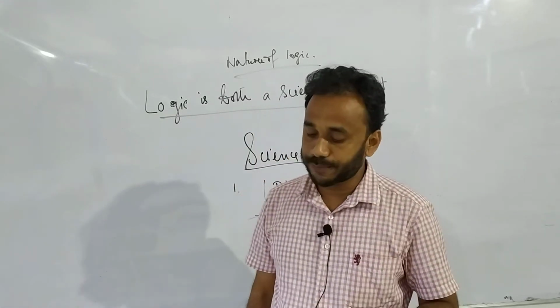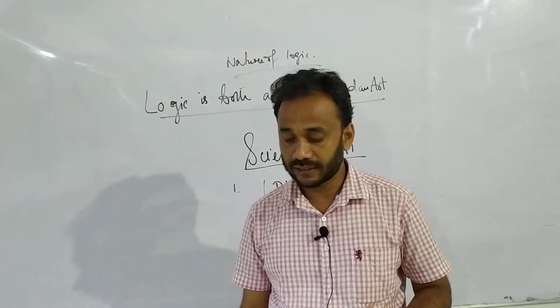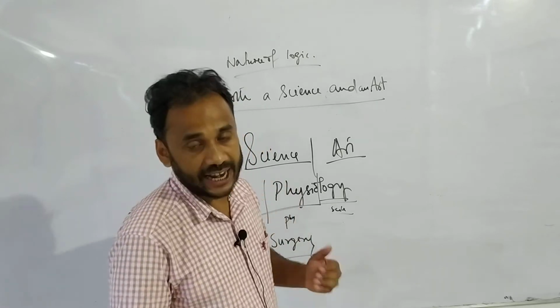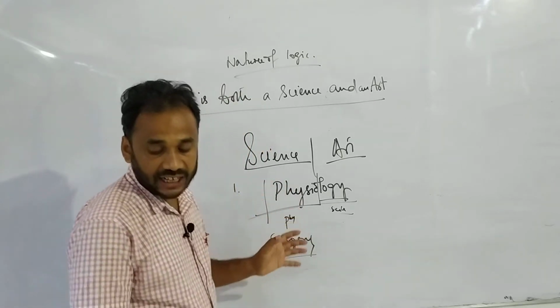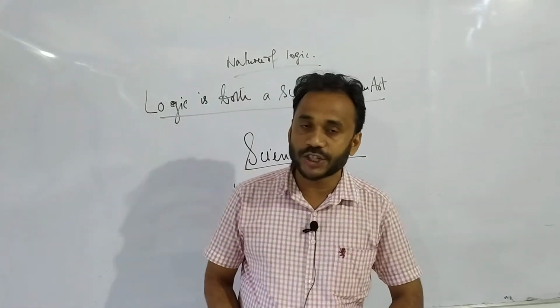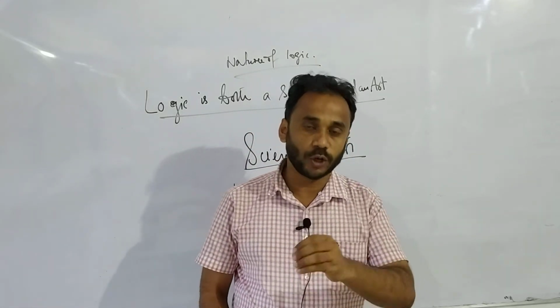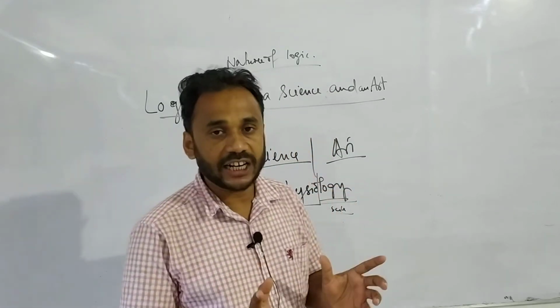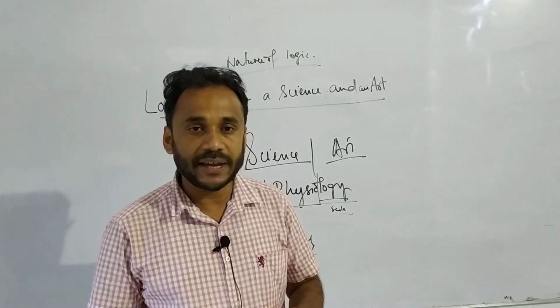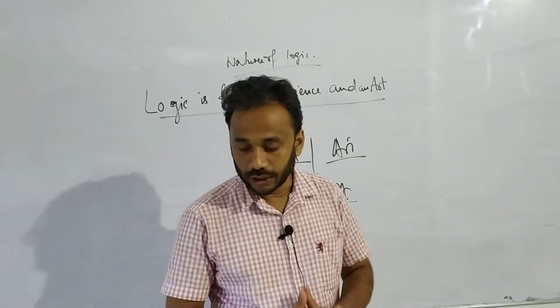A science is predominantly theoretical, but it refers to some practical, and an art is predominantly practical, but it must be based on scientific knowledge.